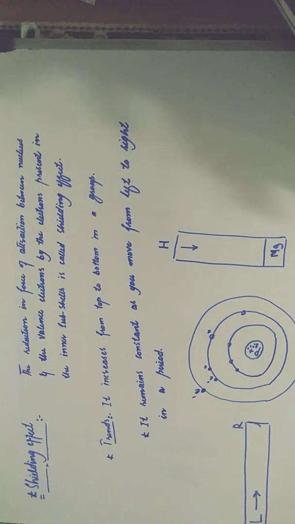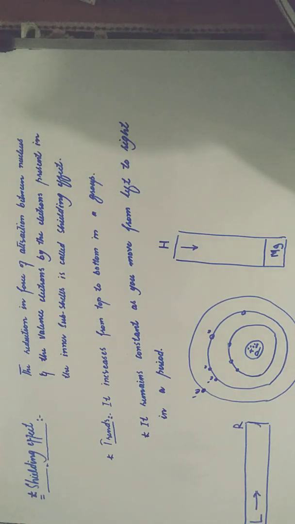Let me repeat this whole shielding effect again. The reduction in the force of attraction between the nucleus and the valence electron by the electrons present in the inner subshells is shielding effect. The trends: it increases from top to bottom in a group, because as you move from top to bottom, you increase the number of shells, which means you increase the number of electrons, and those electrons reduce the force of attraction between the two.